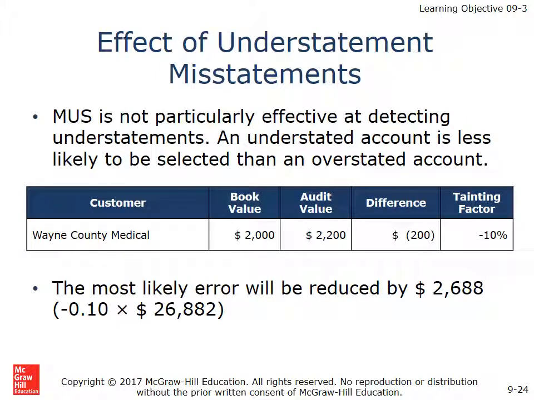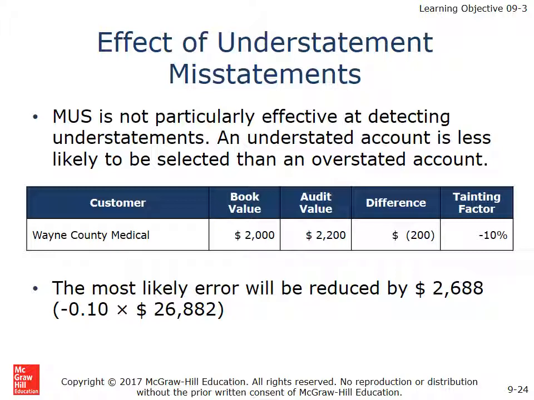So sometimes this method is not effective in determining understatement misstatements. Monetary unit sampling is not particularly effective at detecting understatements. An understated account is less likely to be selected than an overstated account. The most likely error here will be reduced by 2688.